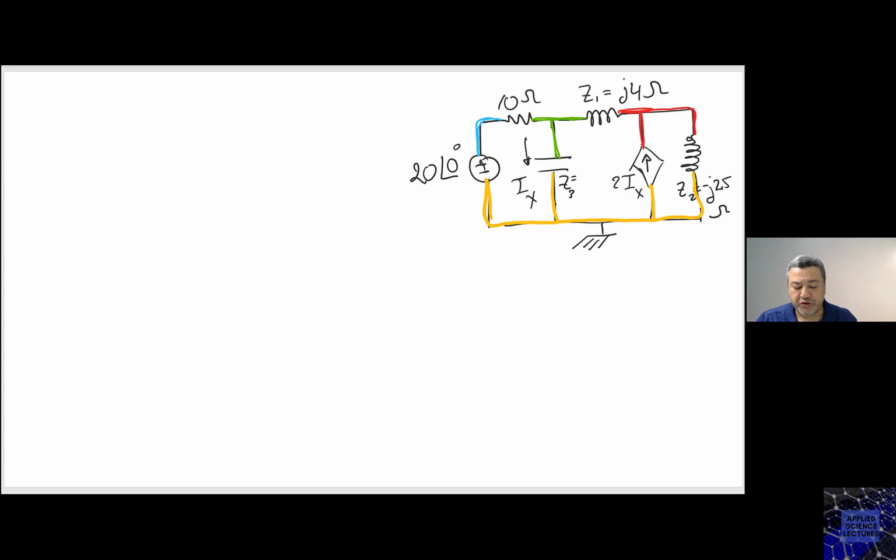Now, which nodes do I need to write the nodal equations for, and which nodes don't I need to write the nodal equations for, because they're not going to help me in my analysis? Which ones should I be considering to write the nodal equations at?